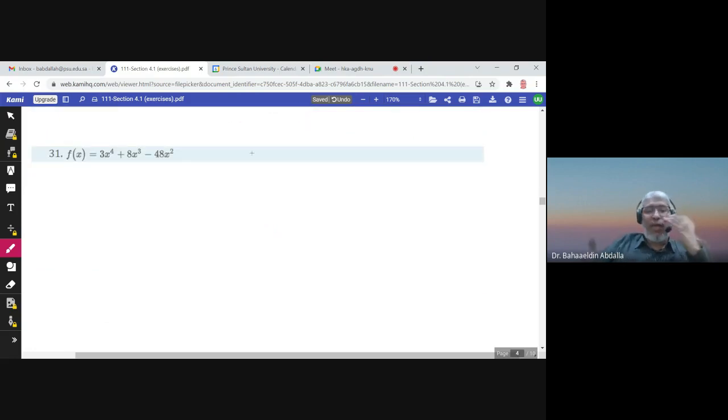Here, the domain of f is also all real numbers. It's a polynomial. Now we find f prime of x, which is 12x to the power 3 plus 24x to the power 2 minus 96 times x. This is f prime.